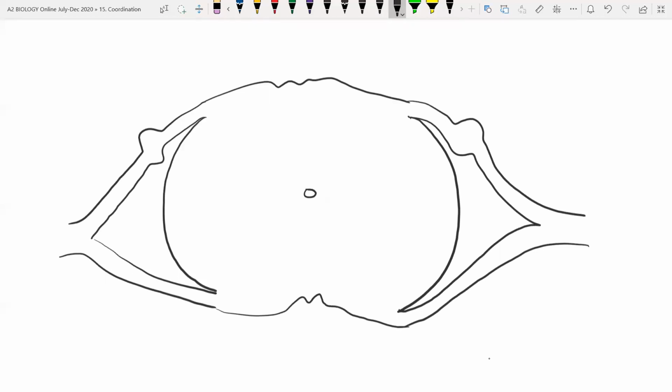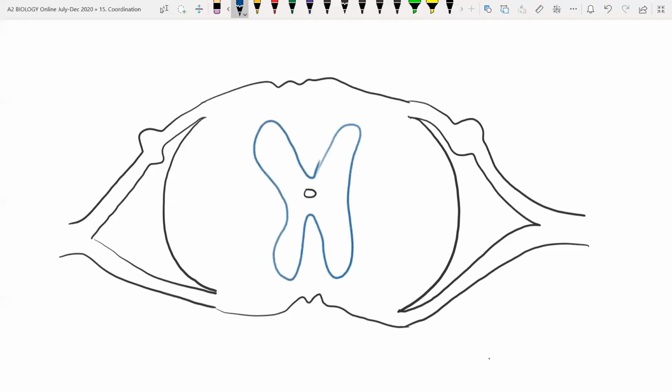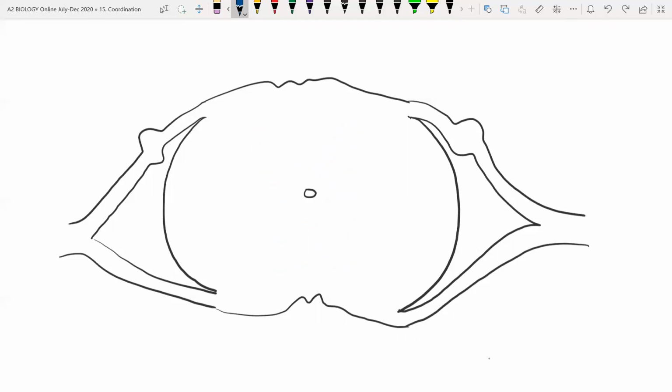All right, so something like this. Okay, so basically this is how a typical spinal cord would look like.